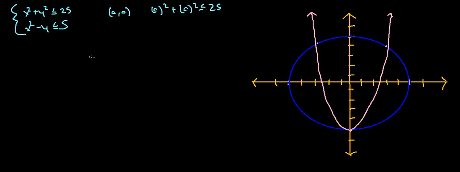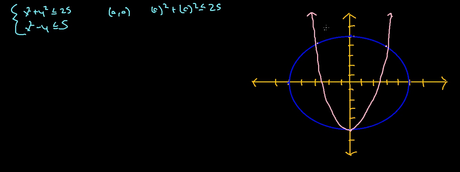And now for the system, I have to find out what mutual area of shaded region these both graphs have. Because again, a system of equations or inequalities is looking for the points where the statements are true for all of the equations. So now I have to find out what region of this parabola is shaded.